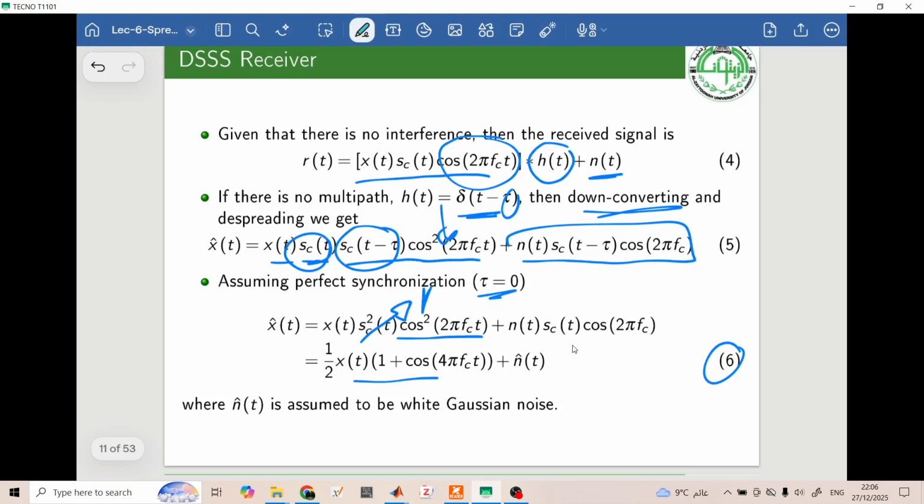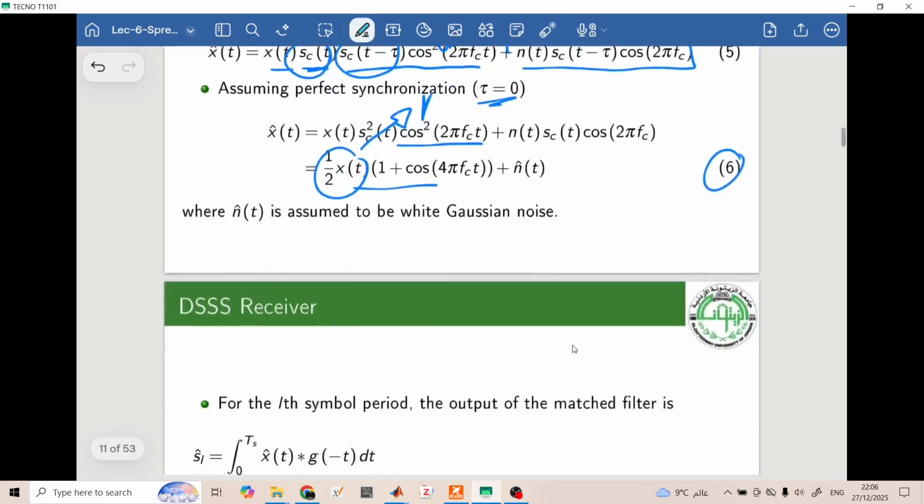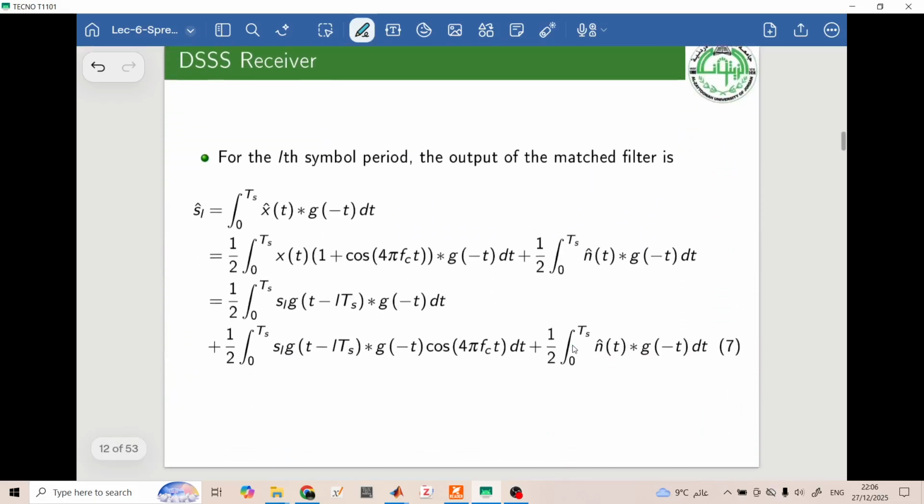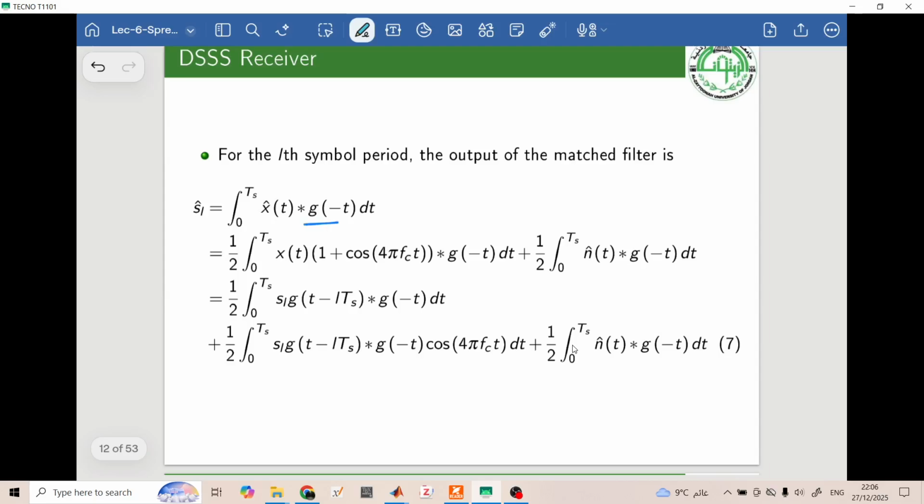So we get this. We can use a low pass filter or match filter to get our transmitted signal back. So we apply the match filter here, and we get this expression having 3 integrals.